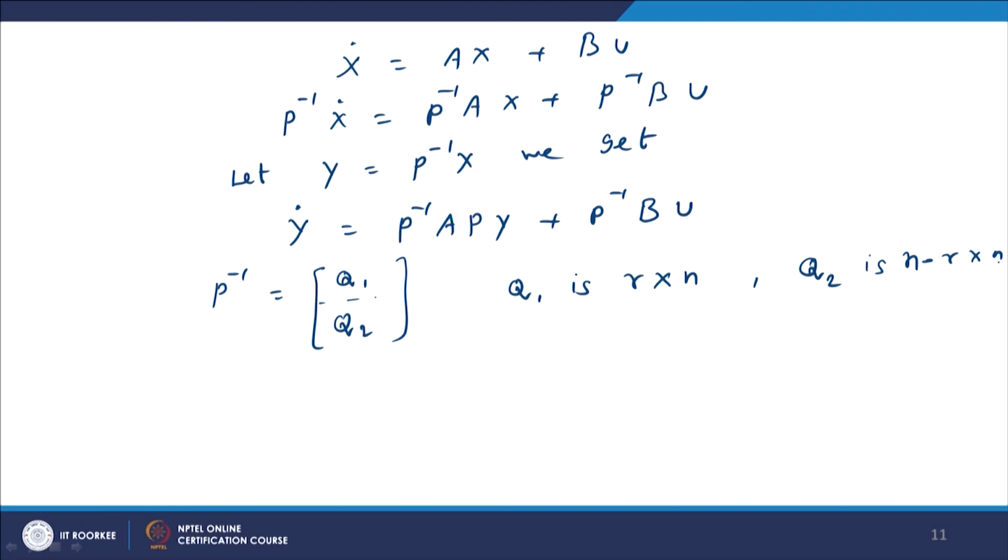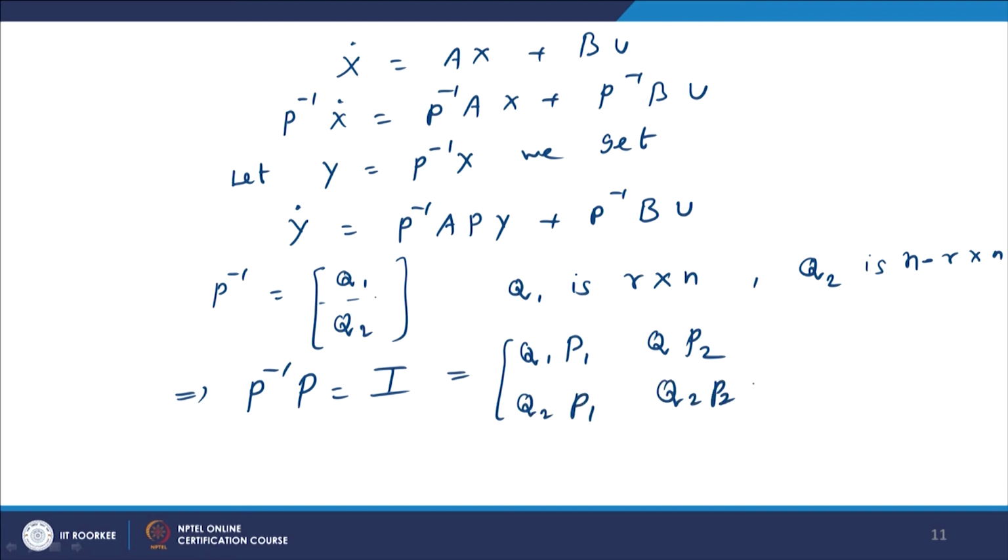And so, P inverse times P is the identity matrix, and if you actually multiply, we get Q1 P1, Q1 P2, Q2 P1 and Q2 P2.